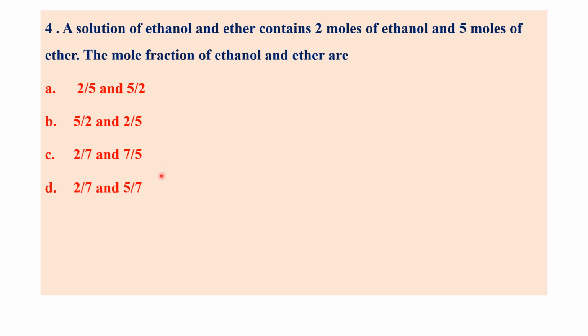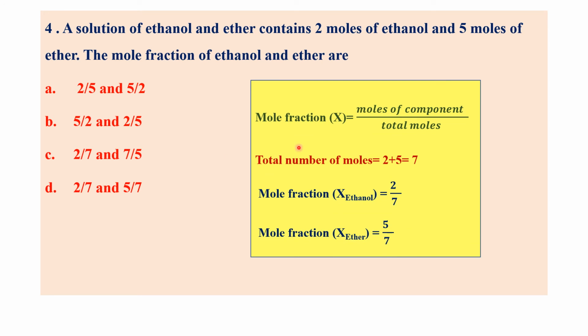So we will calculate the mole fraction. Mole fraction has a formula that is equal to the moles of component divided by the total moles that are present in a solution. Now the total number of moles for the given solution is 2 moles for ethanol and 5 moles for ether. So we will sum it. We will get 7 moles. 7 moles are the total moles that are present in the system.